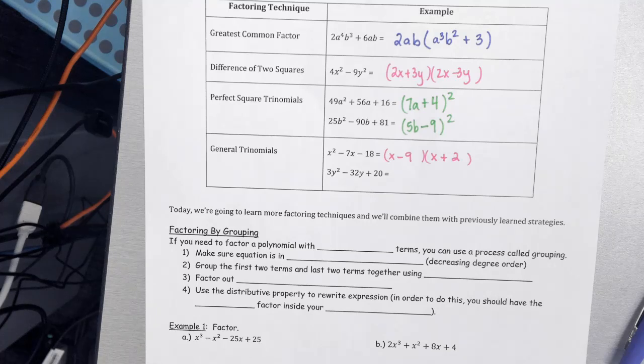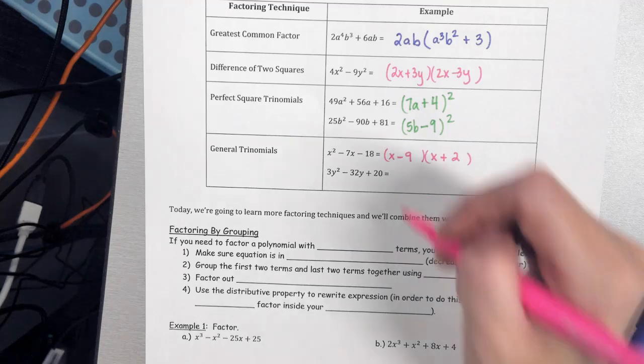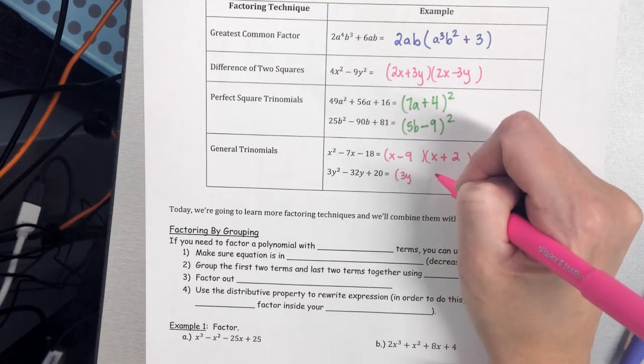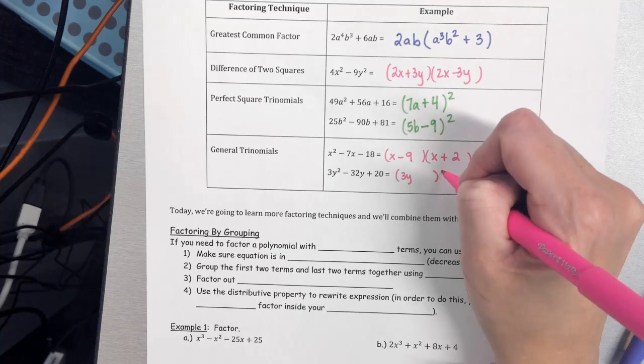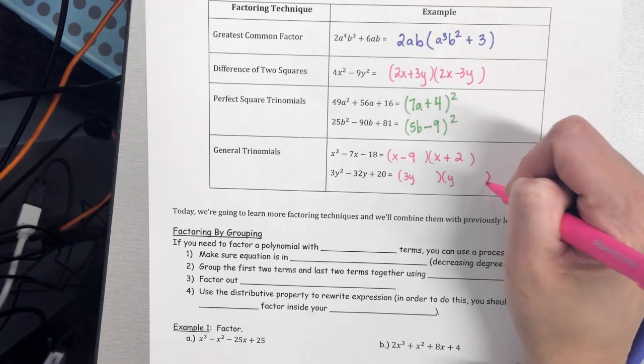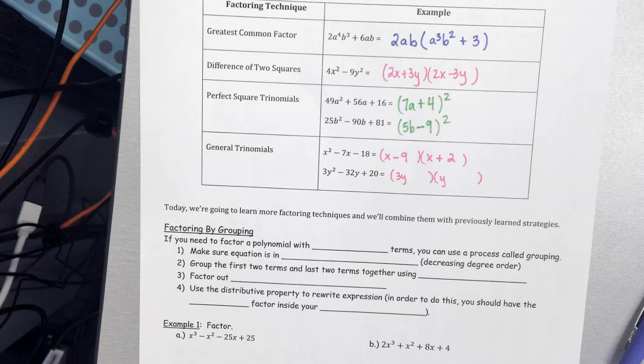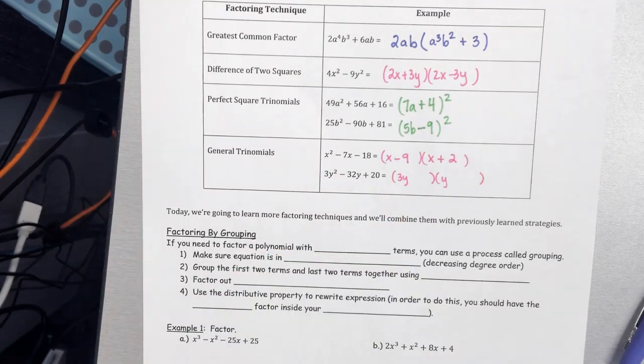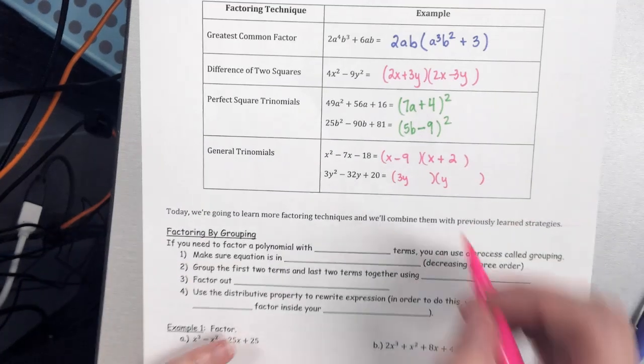Okay, so 3y times y, and then it has to be something that multiplies to 20. So your options are 1 and 20, 2 and 10, 4 and 5. And then notice that you have a positive and a negative. What does that tell you about the sign? They're both going to be negative.